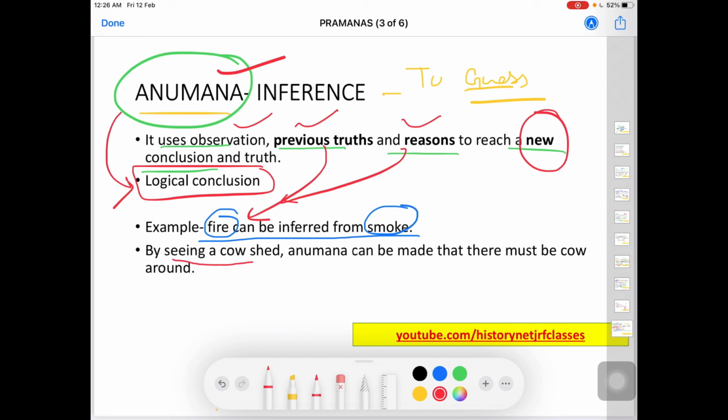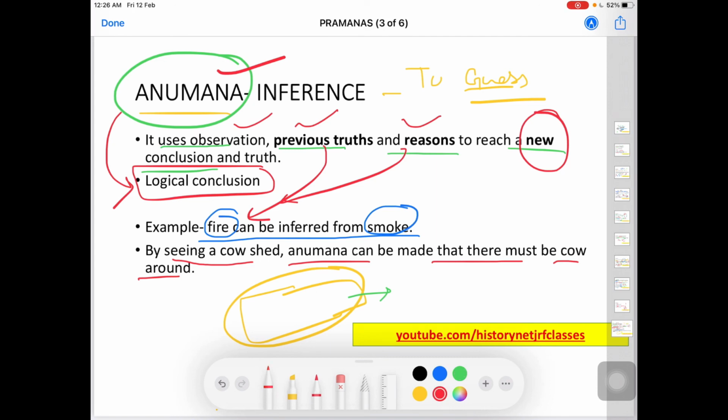By seeing a cow shed, Anumana can be made that there must have been cows around. For example, you are an archaeologist, you are doing some excavation and suddenly you find a cow shed, or the bones of cows. Then you will draw a conclusion that this must have been a cow shed, right?